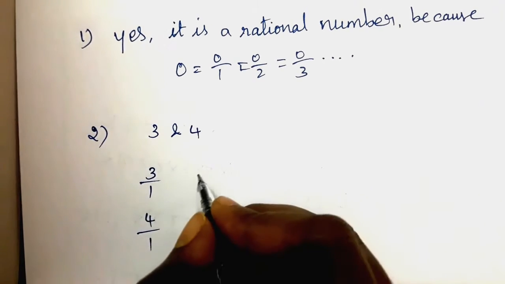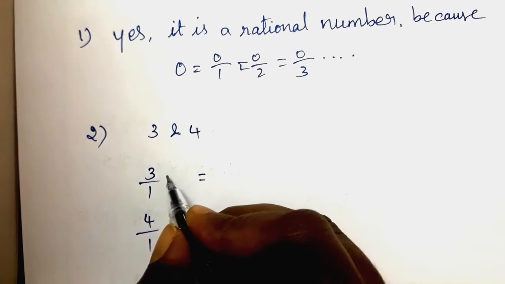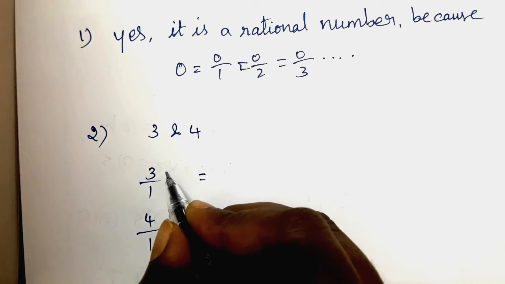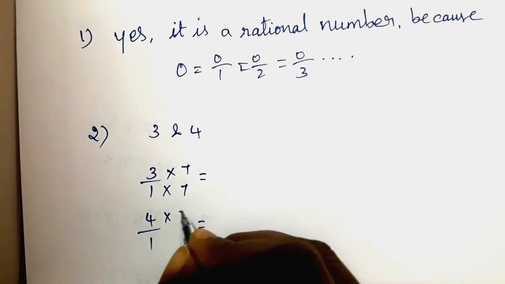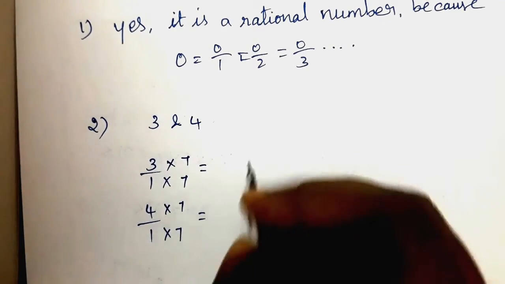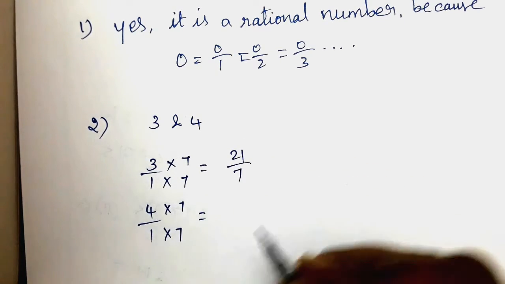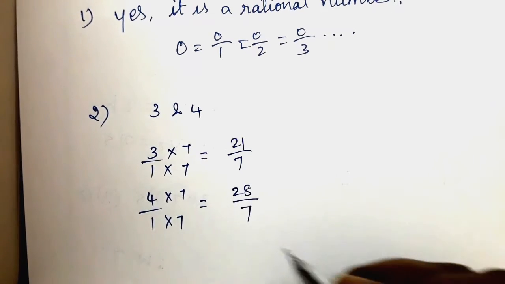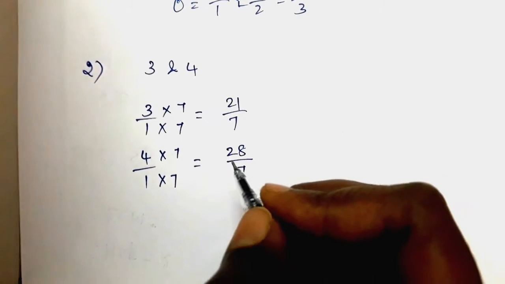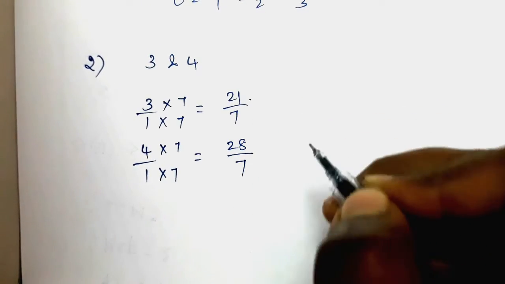Here asking 6 rational numbers means we have to multiply both numerator and denominator of both the fractions by a number above 6. So, I will take 7 here. Now, we have to multiply this 3 by 7. We should get 21. 1 7s are 7. Same thing, 4 7s are 28. 1 7s are 7.